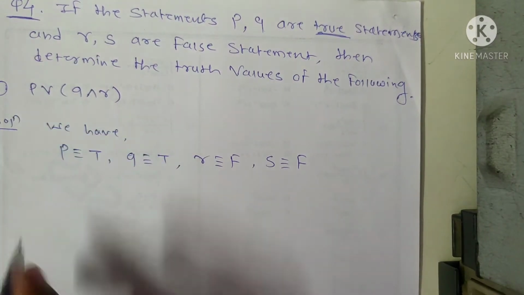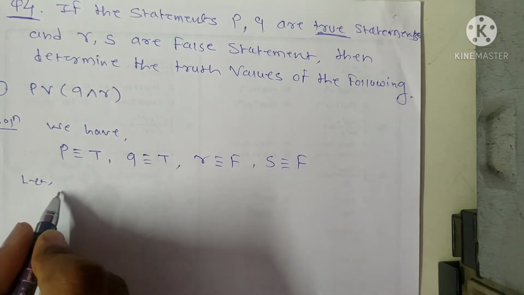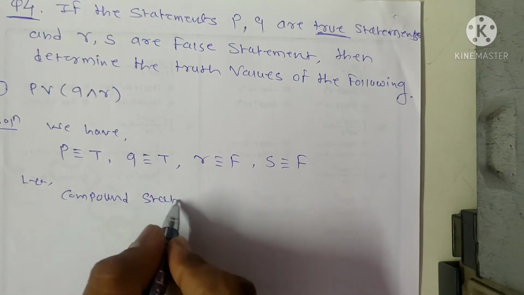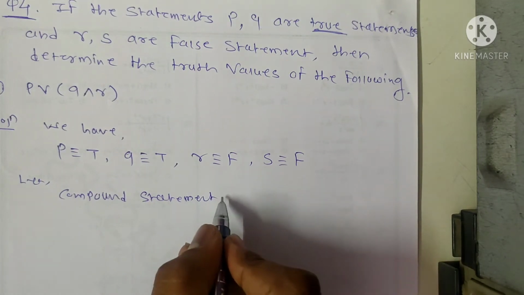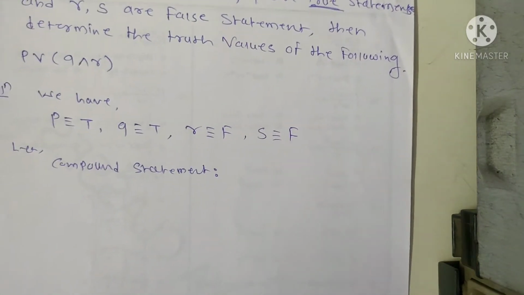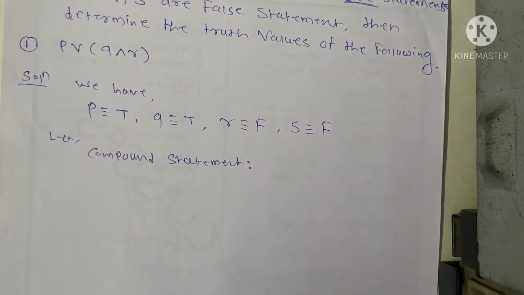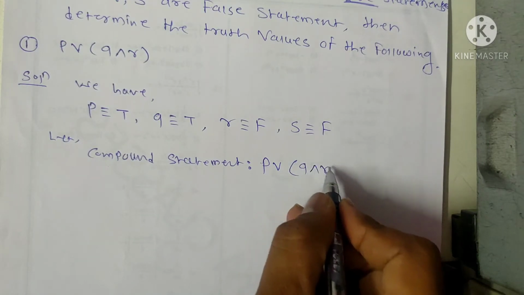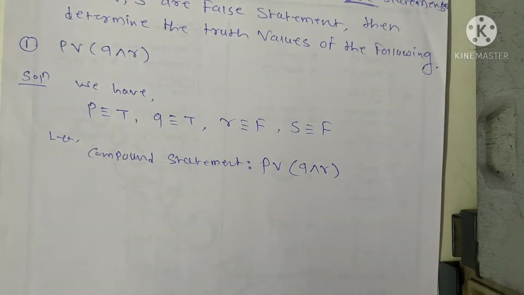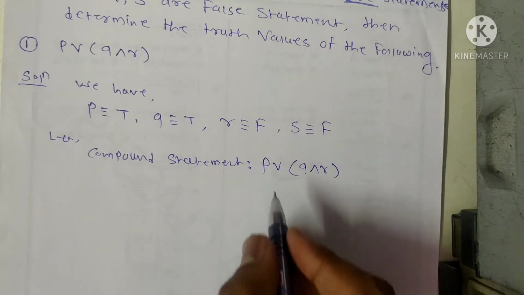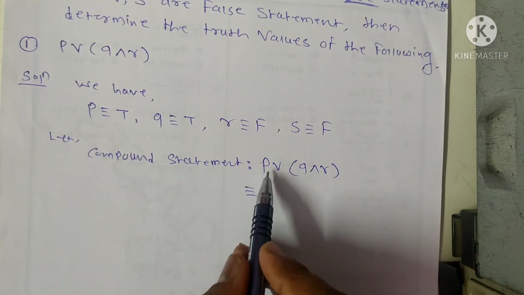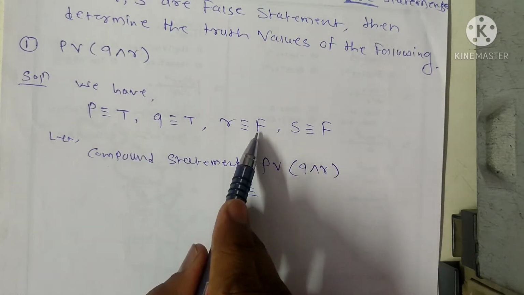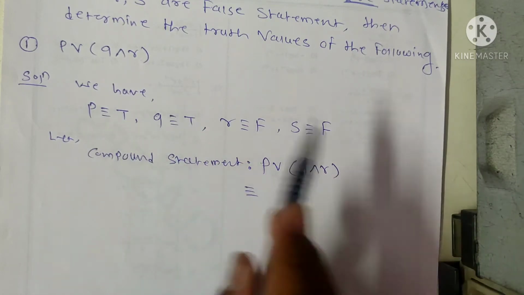Now we consider the compound statement. Let the compound statement be P or Q and R. Now we replace P by T, Q by T and R by F, because these are the truth values of the given statements.